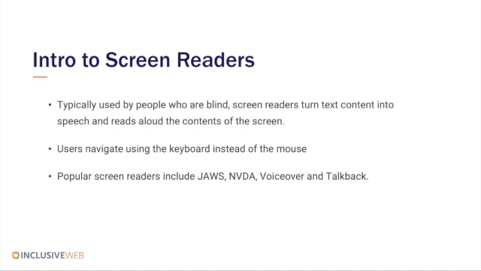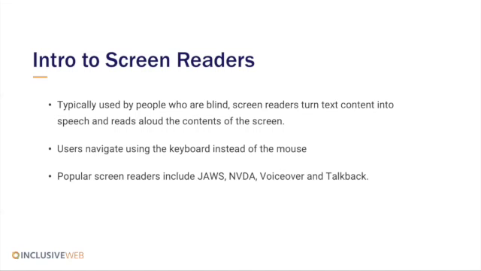That is also on Windows, and like I said, it's free and pretty comparable to JAWS. It pretty much is on par, and a lot of people in the blind community are using it now. It's almost like a 50-50 split between Windows users, folks using JAWS and folks using NVDA.